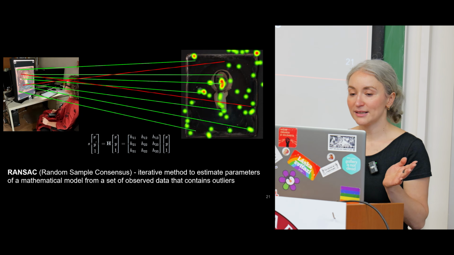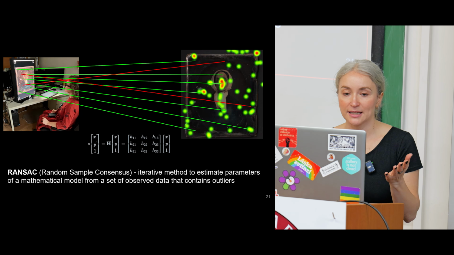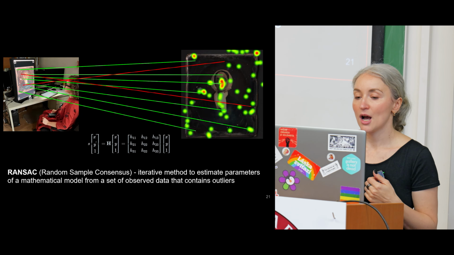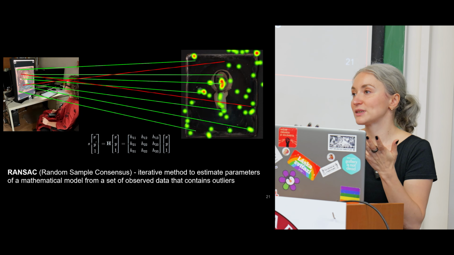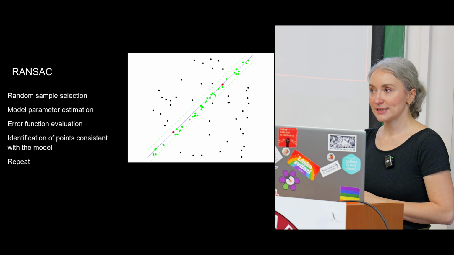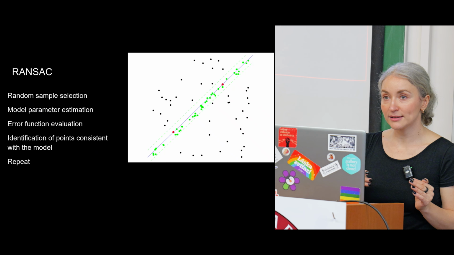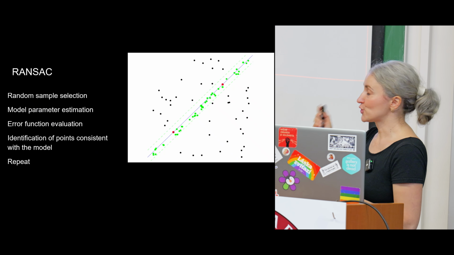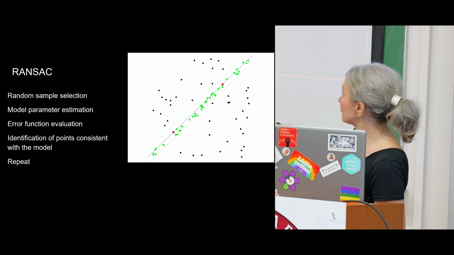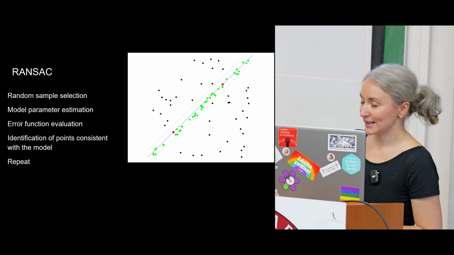It's an iterative method to estimate the parameters of a mathematical model from a set of observed data points that we think contain some outliers. Let's illustrate it with an easier example. In this case, we are looking for a line. In 2D, we just need 2 points, so we are looking for a model with 2 parameters. This is just an easy algorithm.